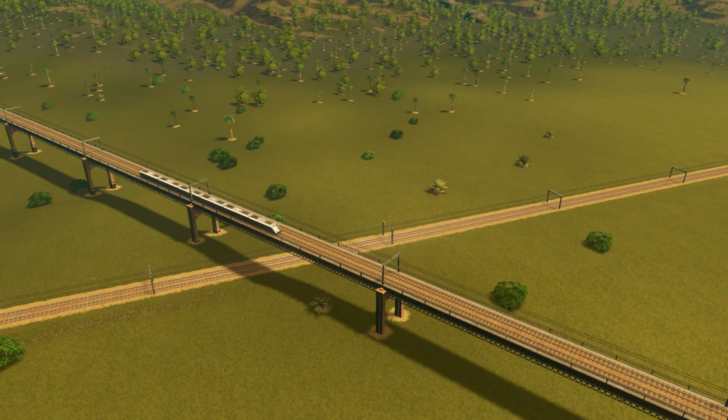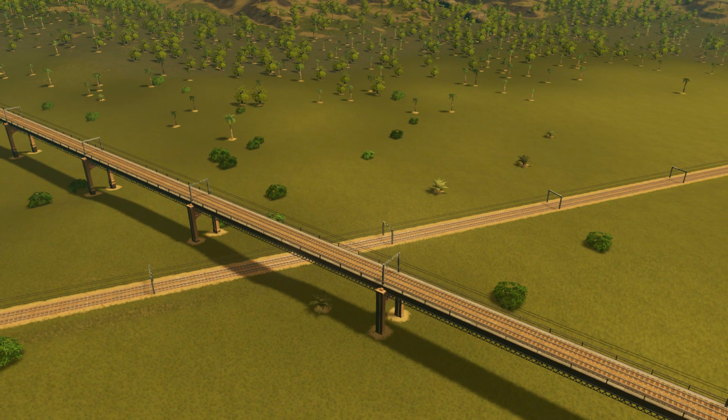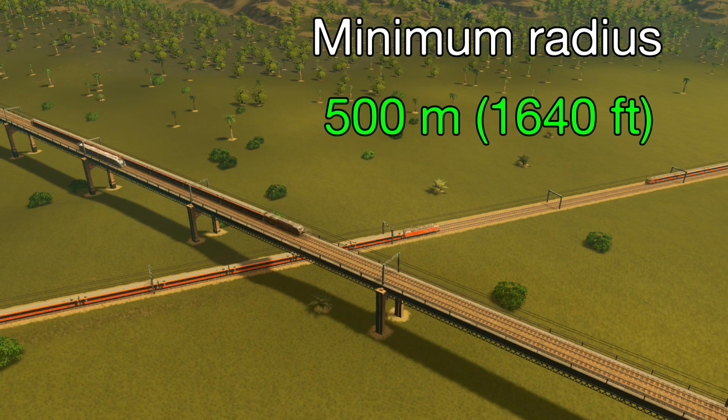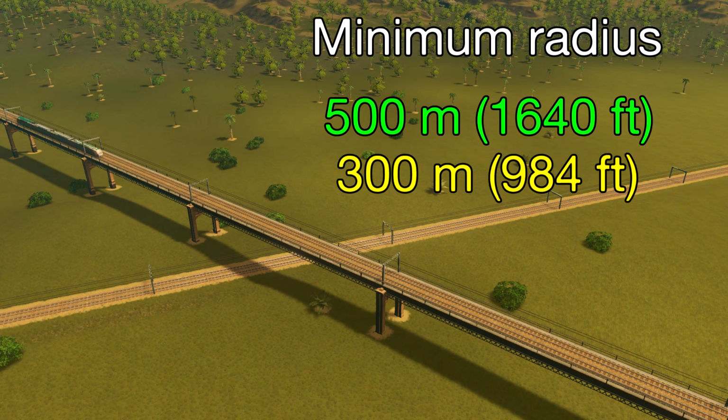Now, the curve's radius. There are guidelines which differ between countries, but probably not so much. The Czech norm says that the minimum curve radius for a newly built railroad of national importance should be at least 500 meters, and 300 meters for less significant ones or refurbished tracks.